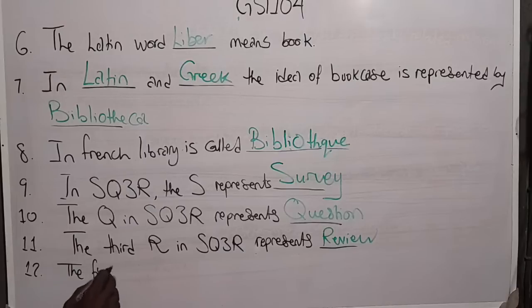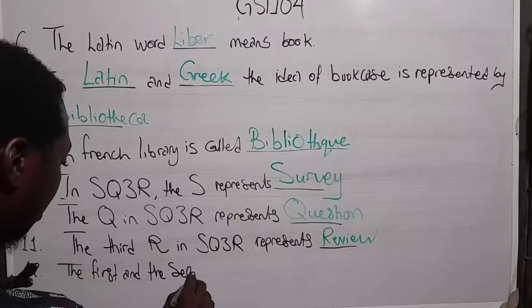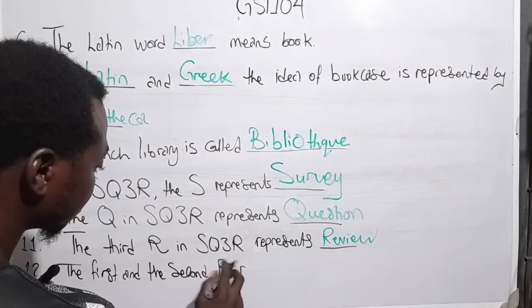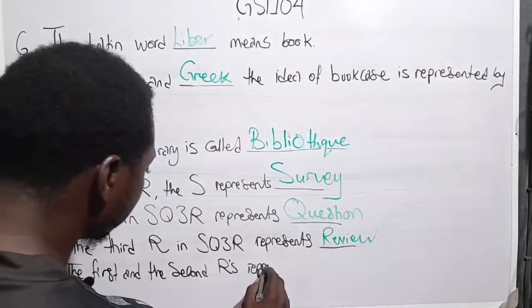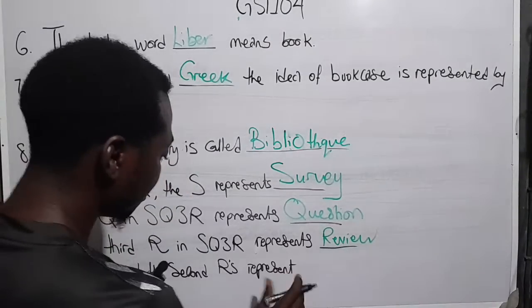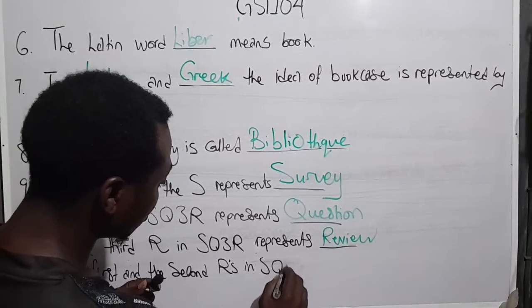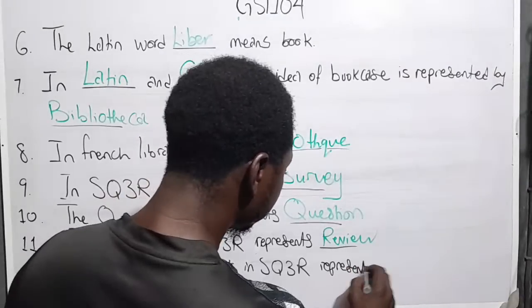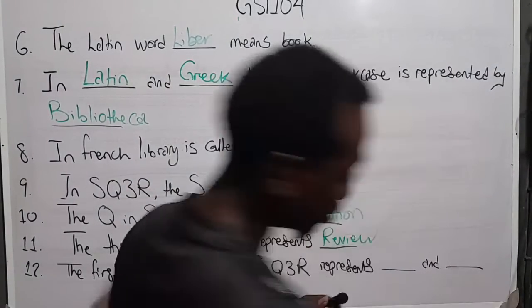The first and the second R in SQ3R represent dash and dash.